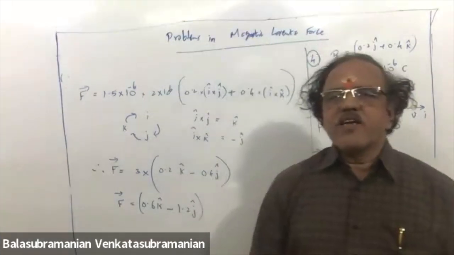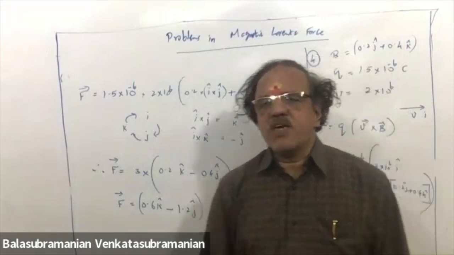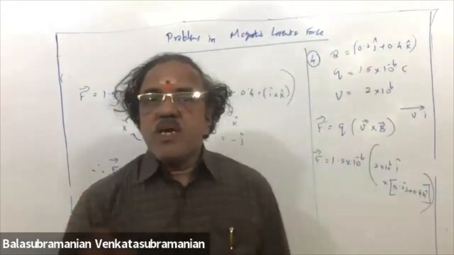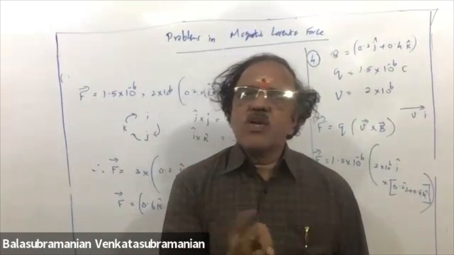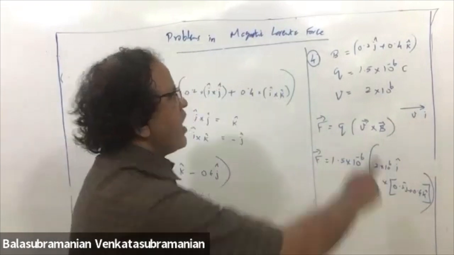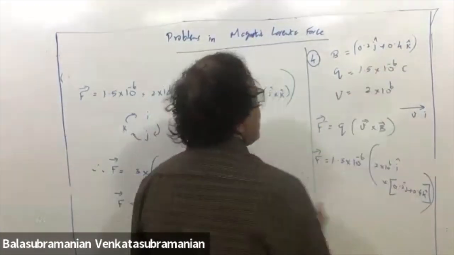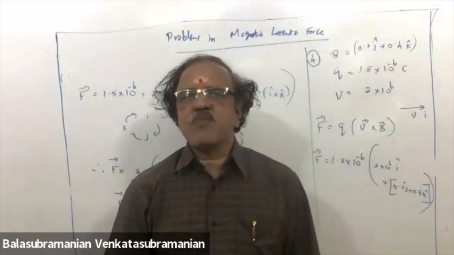So it is a slightly different problem. Directly B is not given. B exists in space with two different directions, J and K. Then accordingly we have to substitute because the formula itself is a vector product.